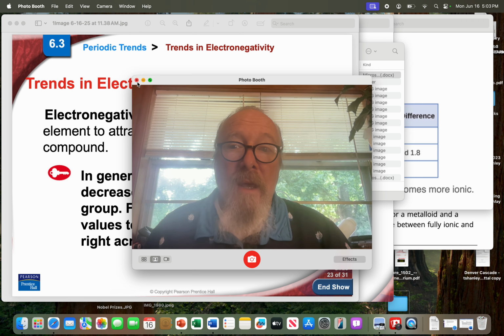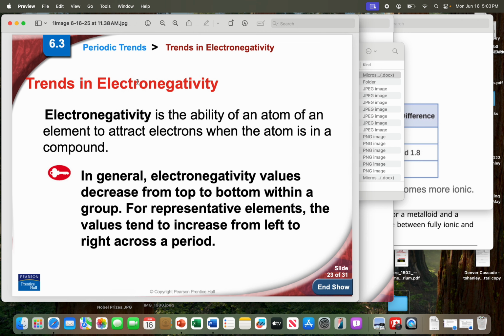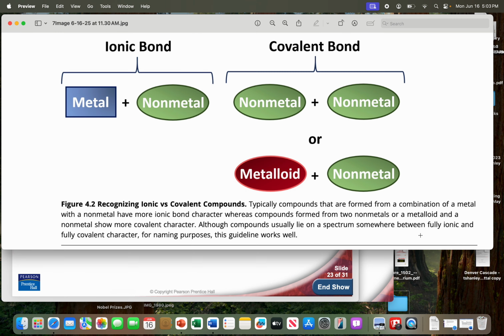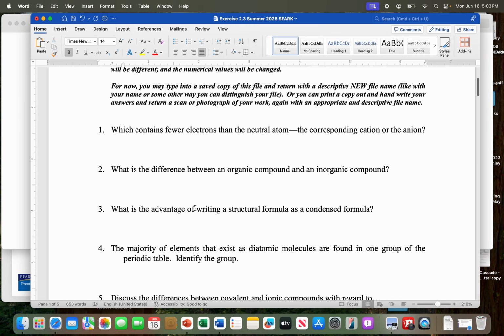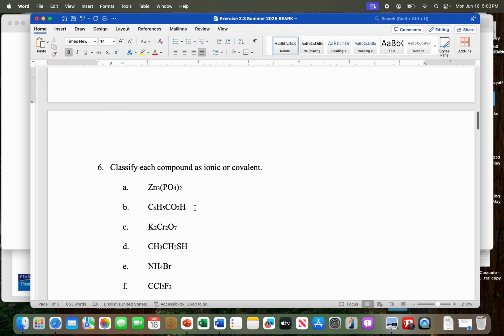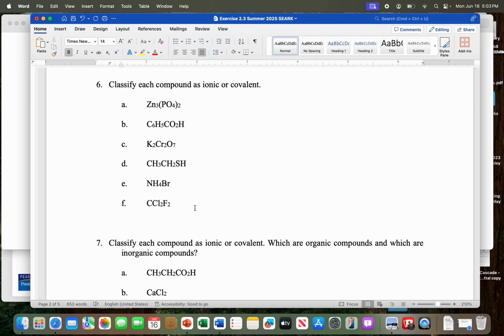So, if I may, the question that I had, if I can get to the homework assignment, was how do you tell an ionic compound from a covalent compound?